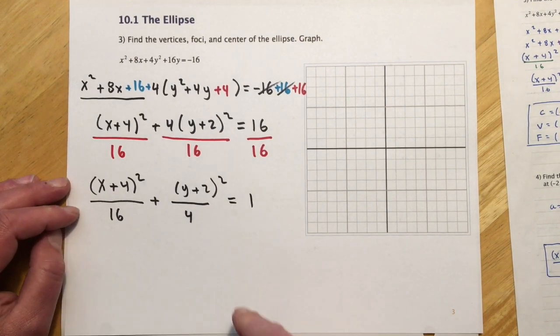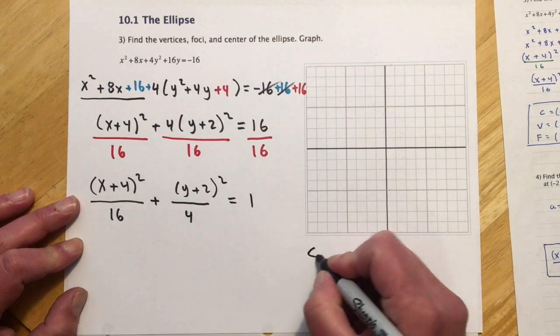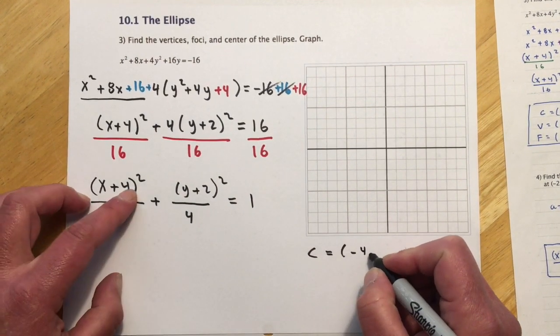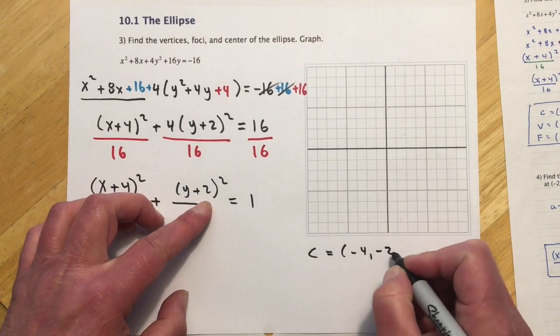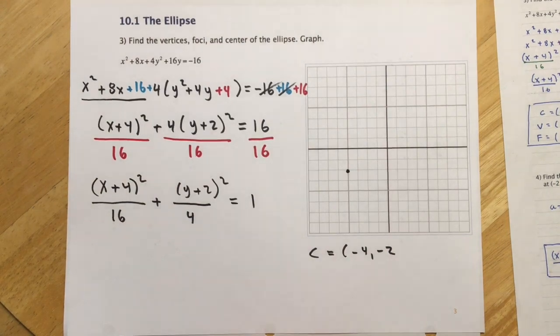So this one, stuff we know about it so far is that the center is going to be at negative 4 and negative 2. So negative 4, negative 2, that's right there.